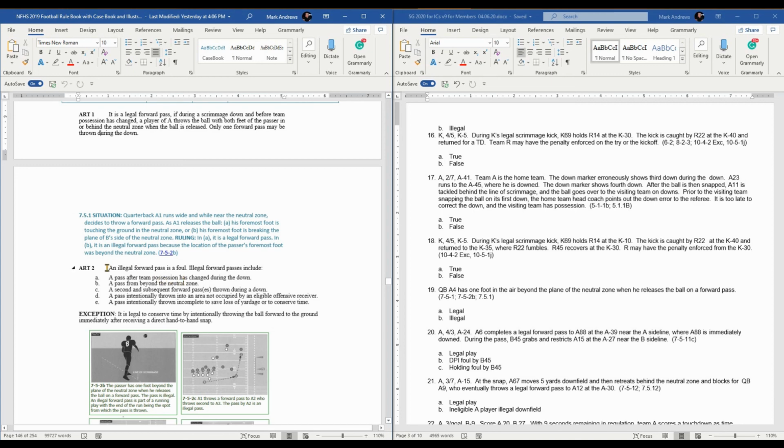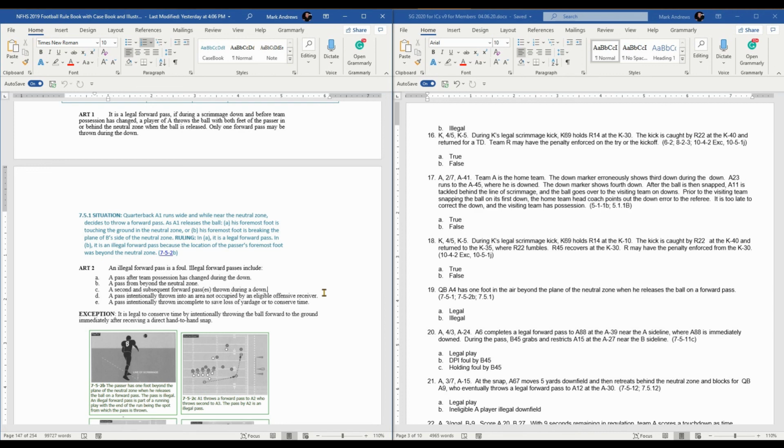And as you can see, 7-5-2 defines an illegal forward pass. Illegal forward pass is a foul. An illegal forward pass includes a pass from beyond the neutral zone. All right. I'm not a fan of this question because it's very difficult to tell when the foot has crossed the neutral zone plane and the ball has been released.